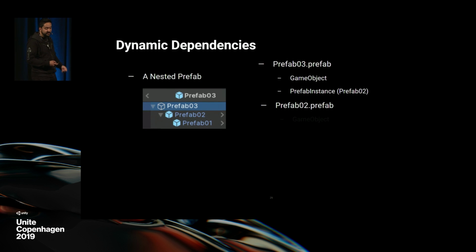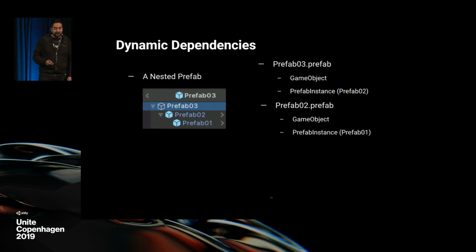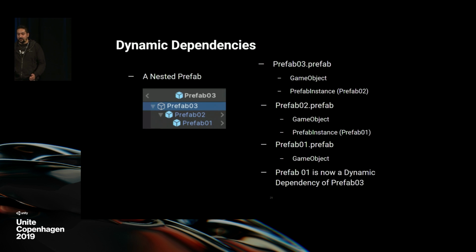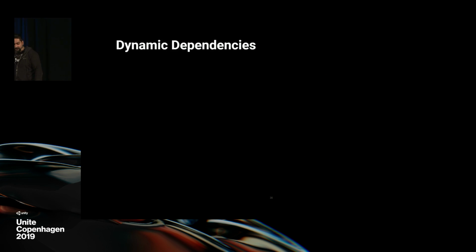Let's open that up. So there's a game object, and now there's a reference to prefab instance 1. But we don't know this ahead of time. We actually had to do some work to see, hey, is there something additional? Then we open up prefab 1, just like we opened up prefab 2, and we notice there's only a game object in there. So now prefab 1 becomes a dynamic dependency of prefab 3, meaning you change prefab 1, prefab 3 is going to need to be re-imported as well.